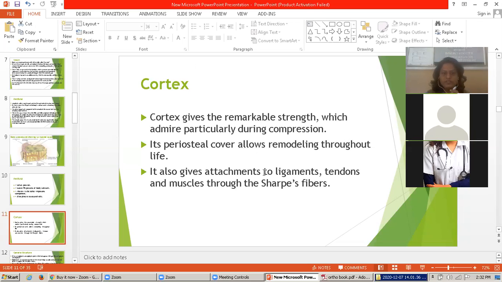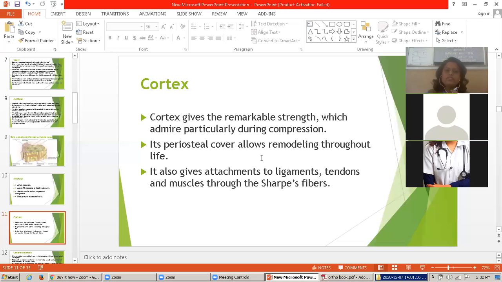It also gives attachment to the ligament, tendon, and muscle through the sharpey fibers. So, cortex gives us remarkable strength. The strength of our body is due to the cortex, particularly during compression. So, when there is a compression, you feel that there is strength, and this is due to the cortex.